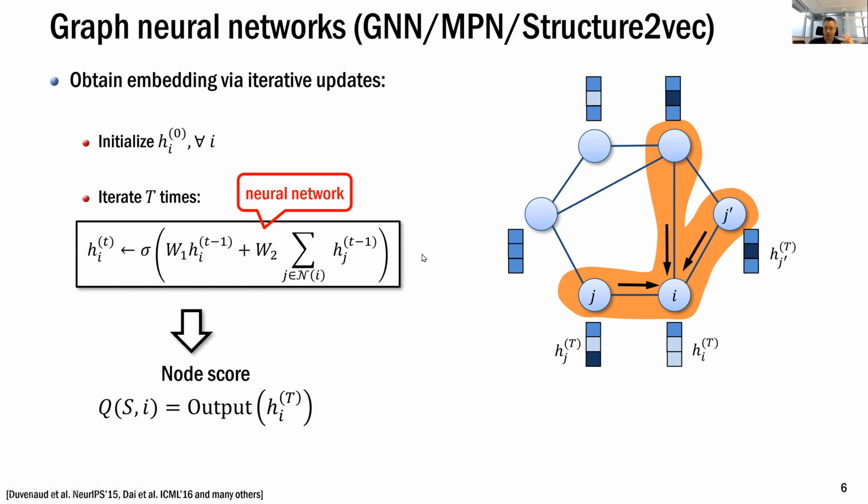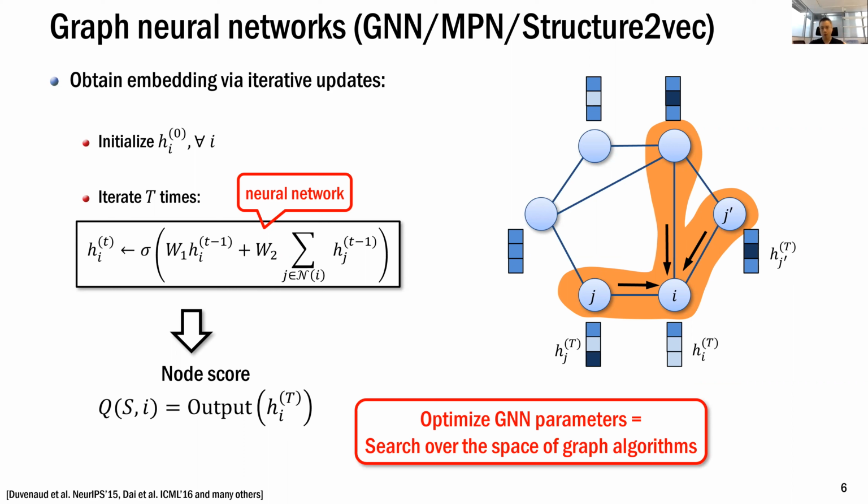So when you get a family of problem instances and try to learn the parameters W1, W2 in this message passing operator, it's equivalent to searching over the space of graph algorithms. So this graph neural net is now intensively used in trying to learn combinatorial optimization algorithms for graphs.